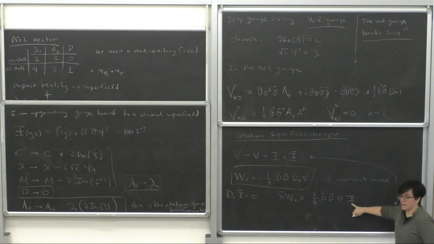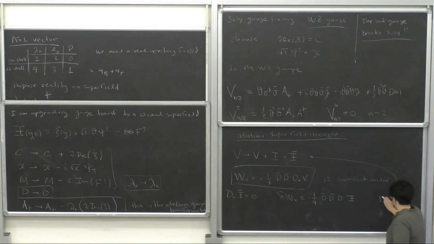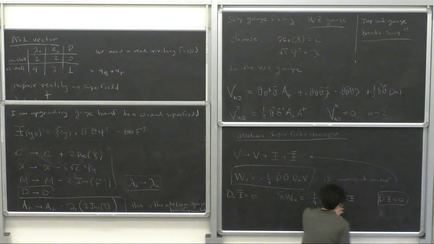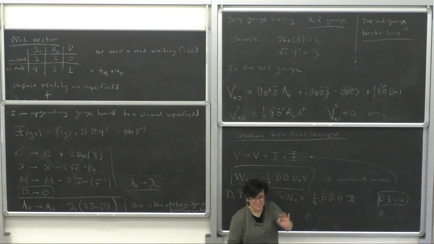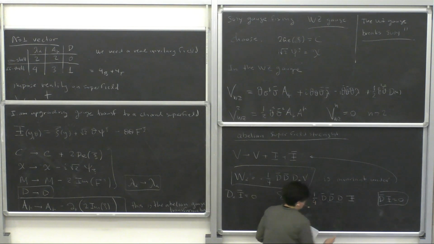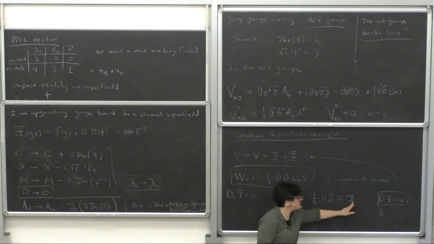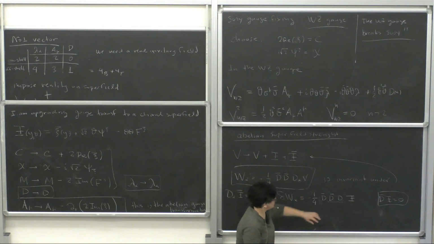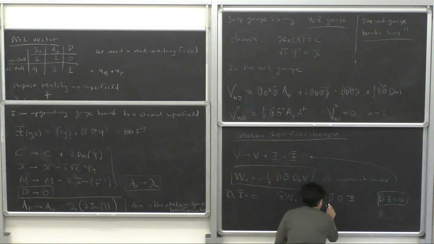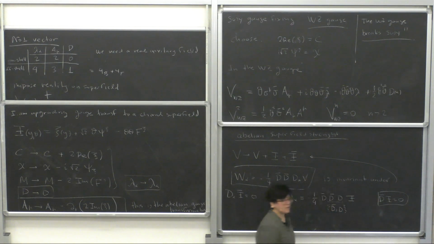Psi is chiral, right? So d bar on psi is equal to 0. When we have such things, what do we do? This is a standard trick that you will use in your life. This d, if it would pass this guy and act on psi, gives a 0. So what I can do is replace this by the anti-commutator for free.